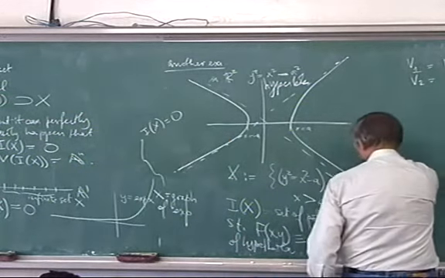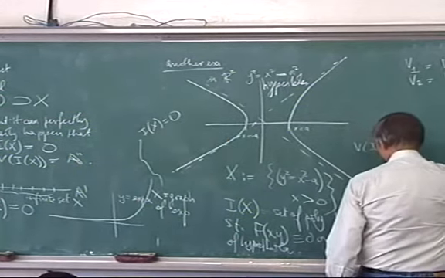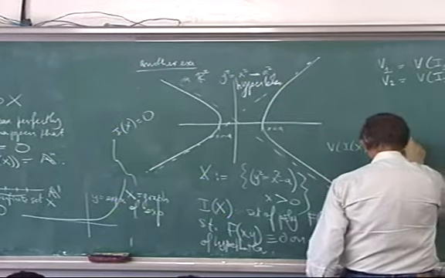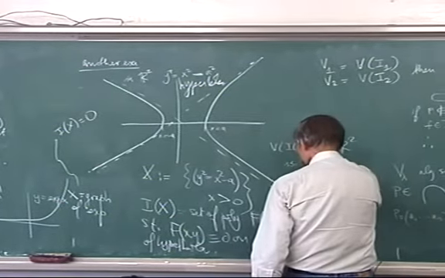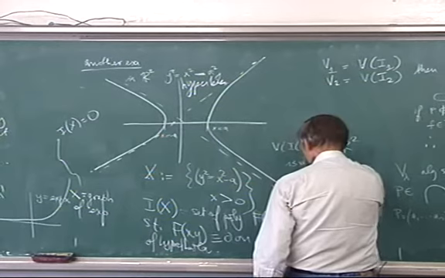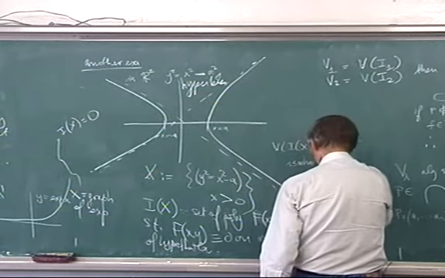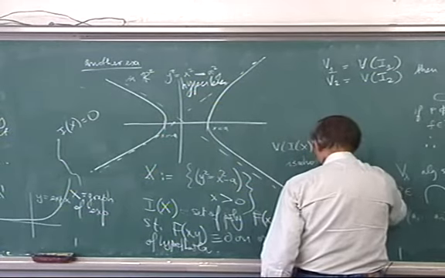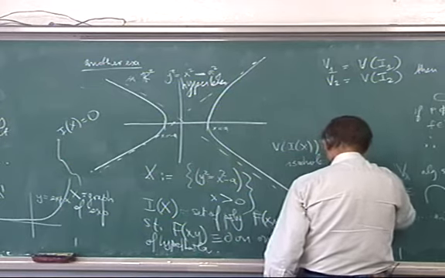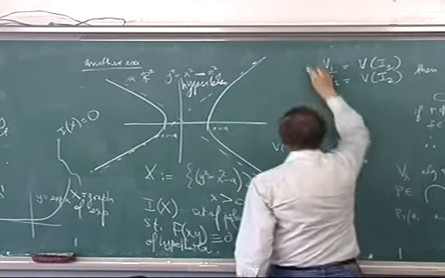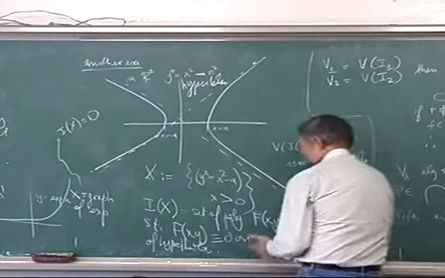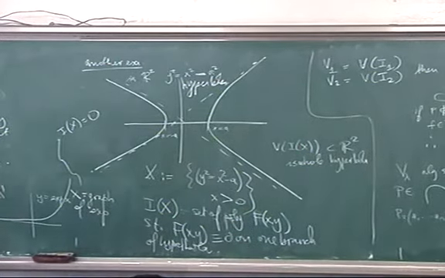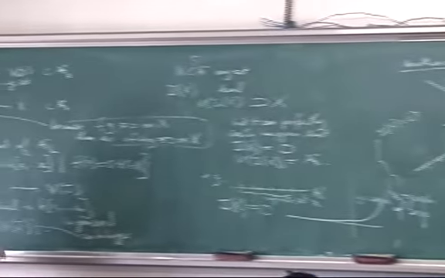Then V of I of x in R2 is the whole hyperbola. So these are just some kind of indications that you can't make these two correspondences.